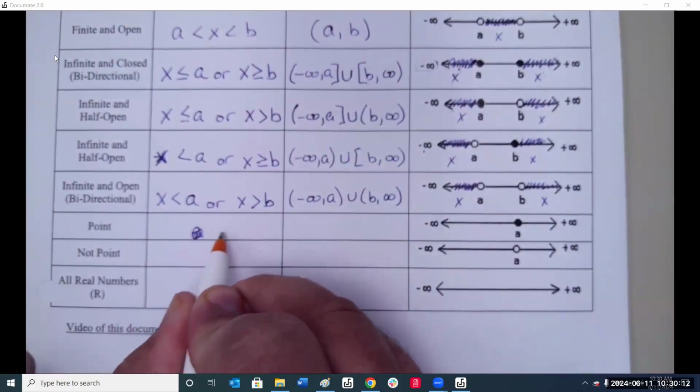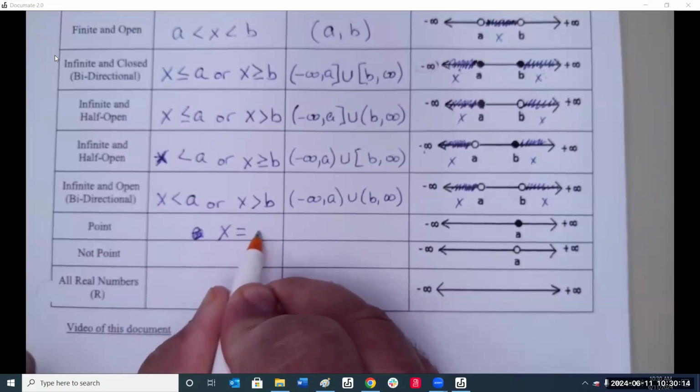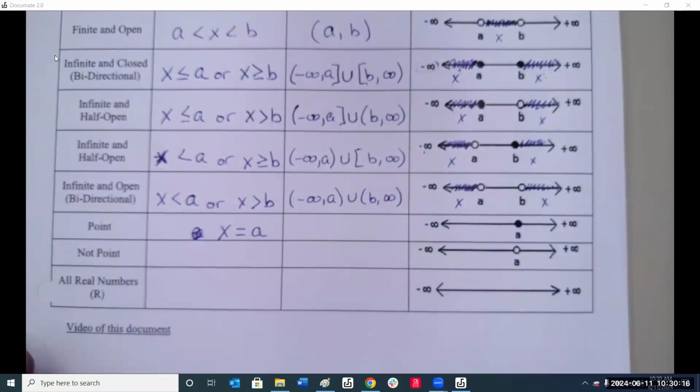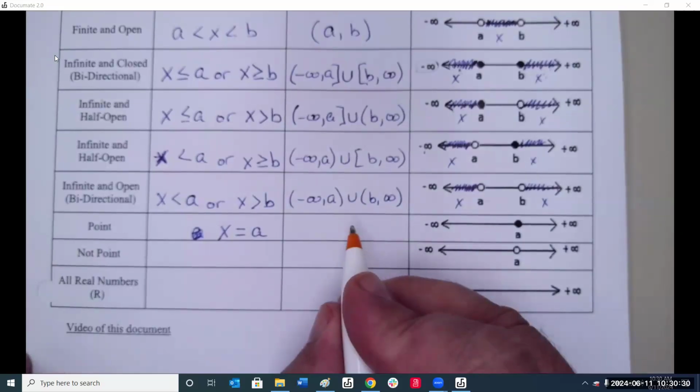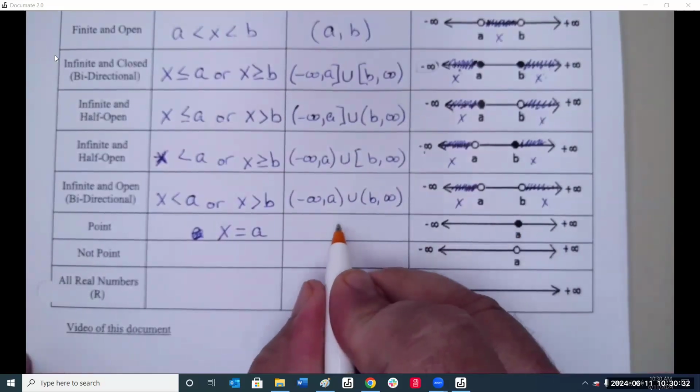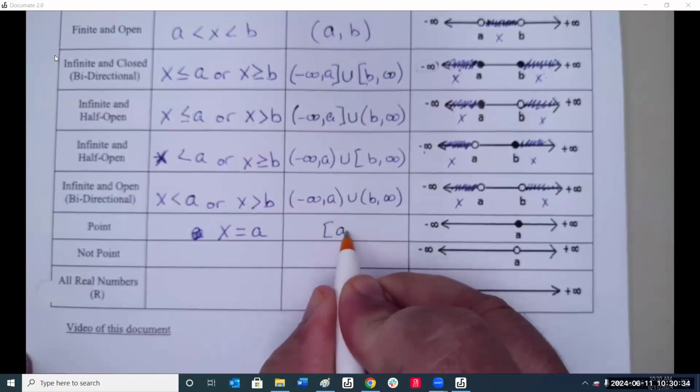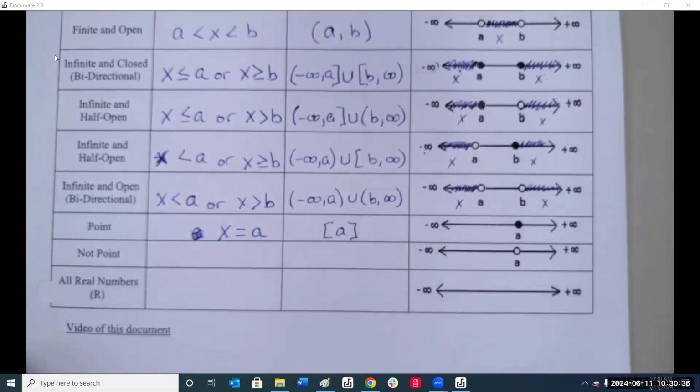It's x is equal to a. How would you use interval notation? Since it's a solid, and that's the only one we can use, it's that.